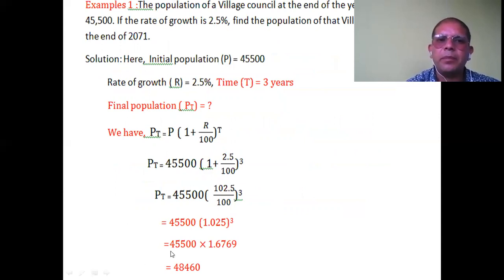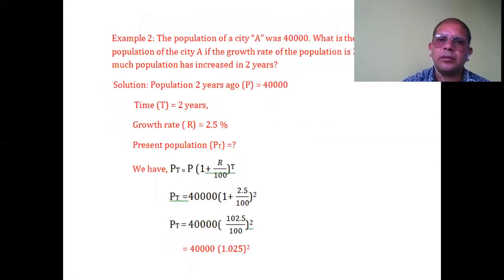So we have the formula PT equals P times (1 plus R divided by 100) to the power T. Now substitute all the values P, R, T. I'm not discussing it here because you did exactly the same process in compound interest also. So do the simplification of this, and you will get your total population. It is 48,460. This is very simple. This is exactly the same as the compound amount question.